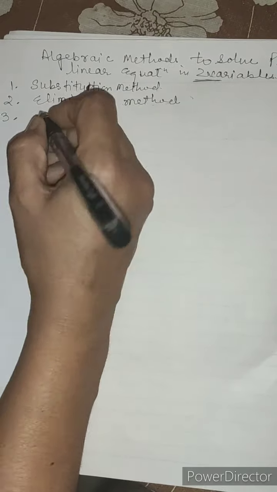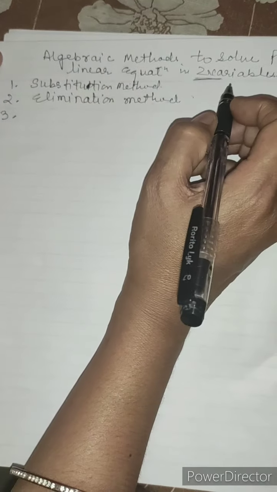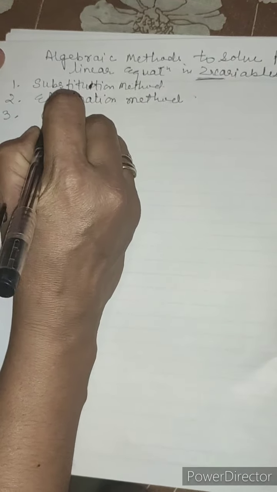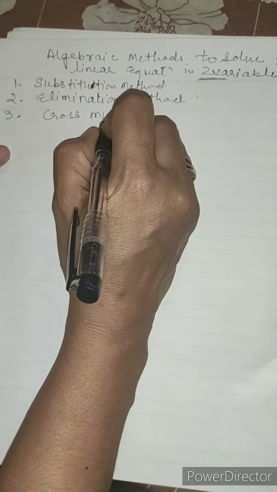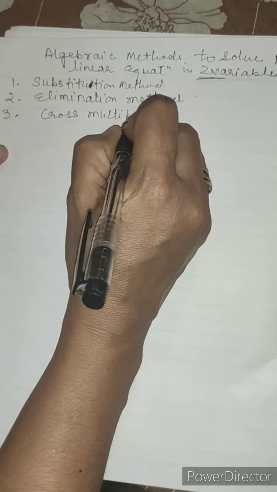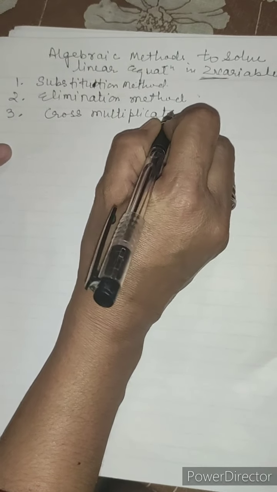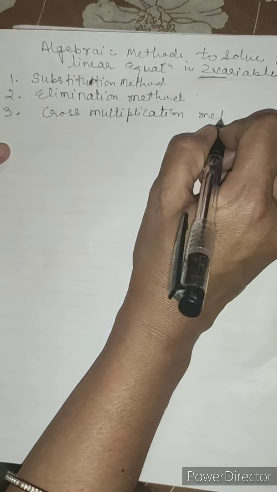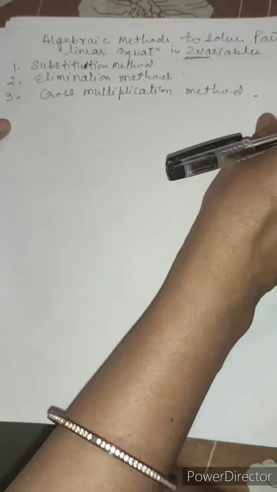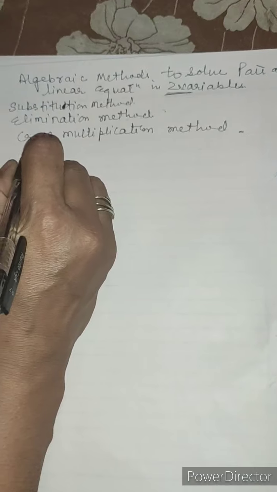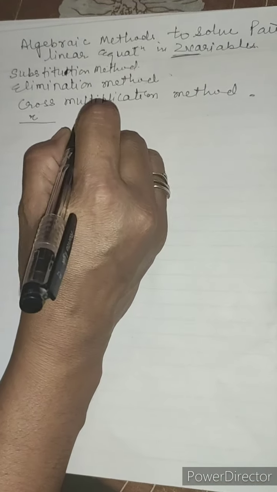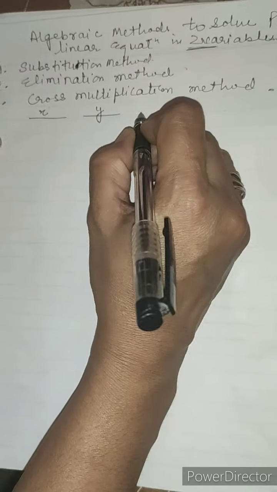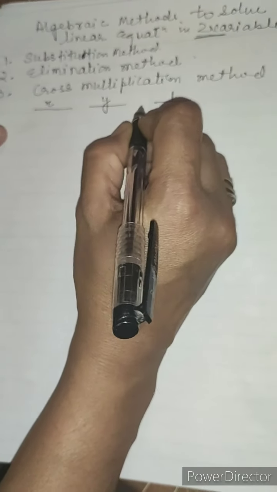And the third method to solve pair of linear equations in two variables is cross multiplication. The technique to get the formula for this method is, you can write x, y, then here it is 1.